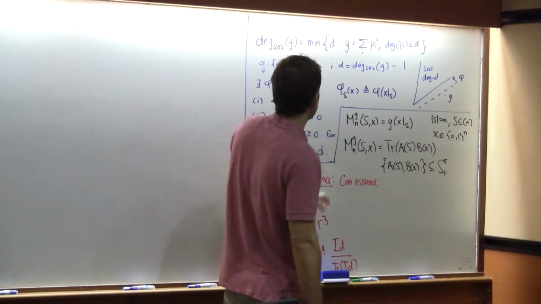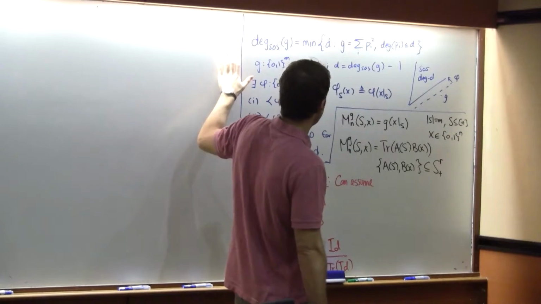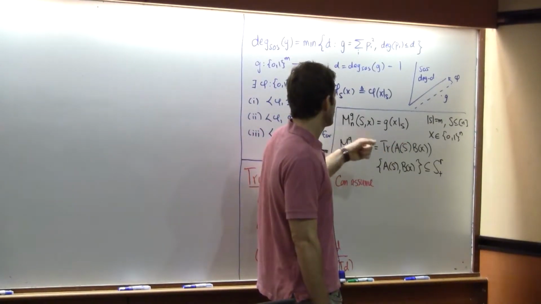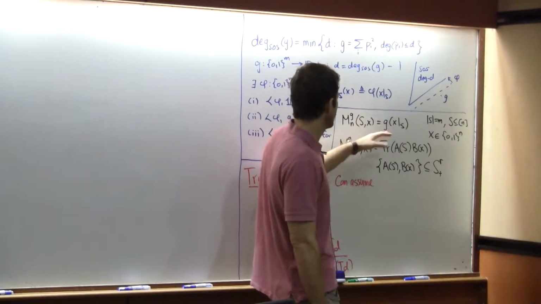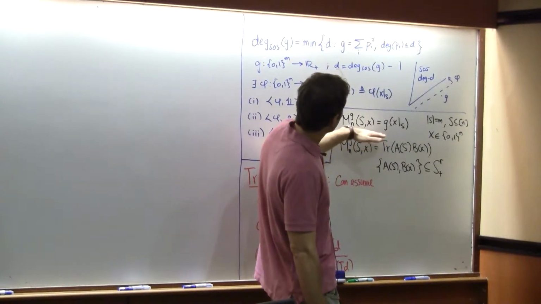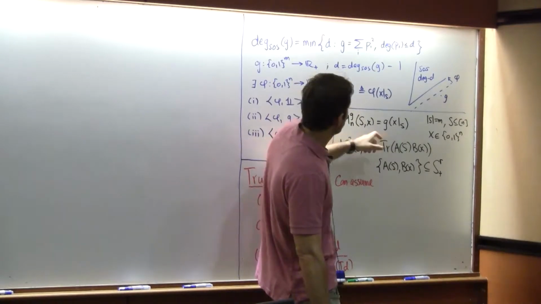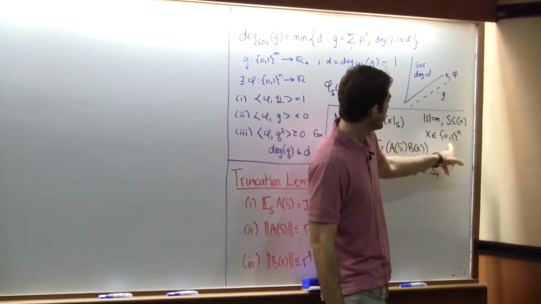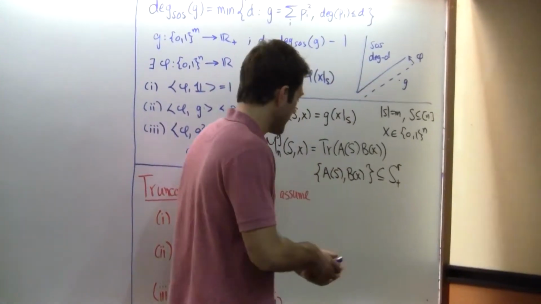Given this g, now we do this sort of relativization or amplification, where we define the matrix to be. So now we think about things that are in 0 1 to the n, where N is larger than or equal to n.